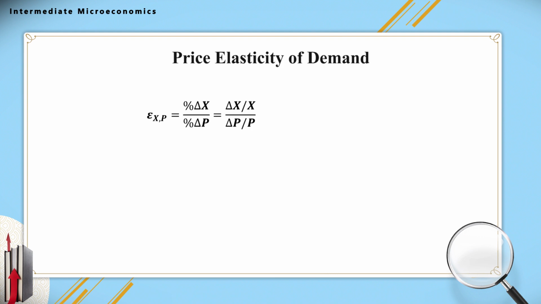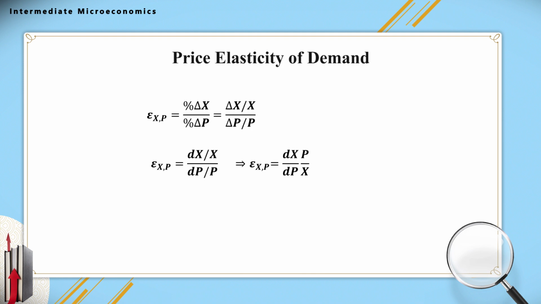It shows how much percentage change in the quantity demanded is caused by a 1% change in price. Consider a very tiny change in price. After rearrangement, price elasticity of demand can also be expressed as the derivative of the demand function multiplied by the ratio of price to quantity demanded.